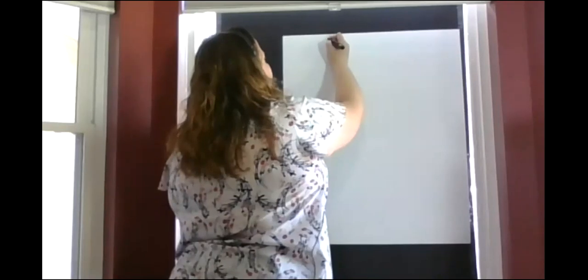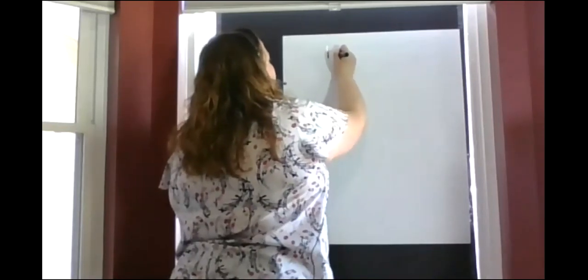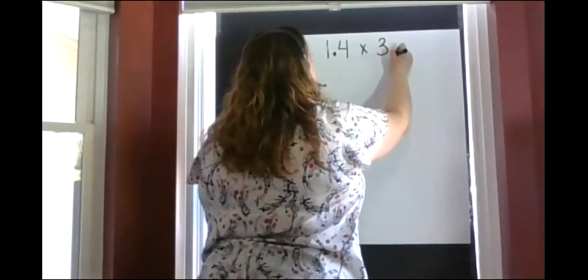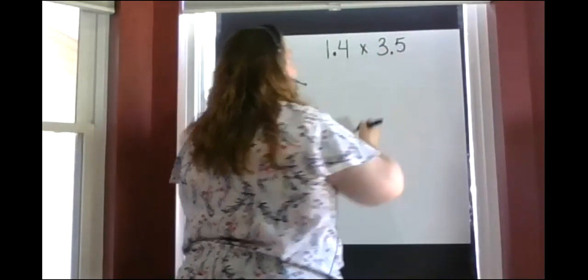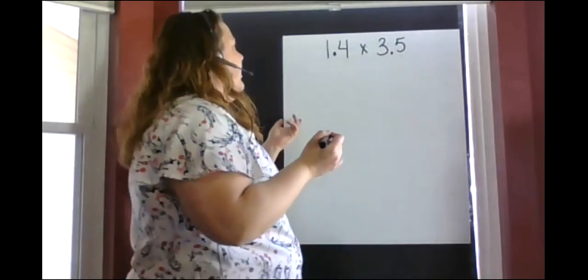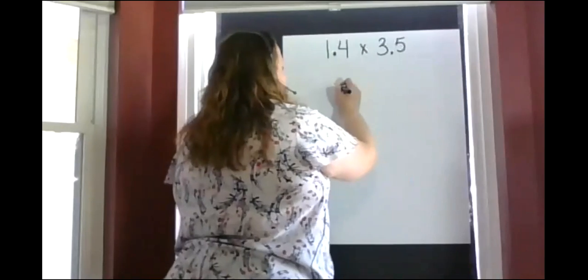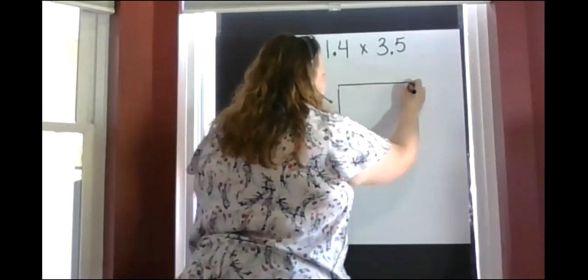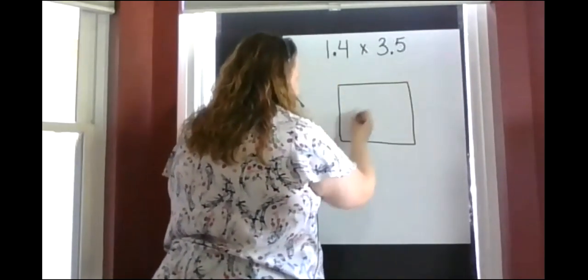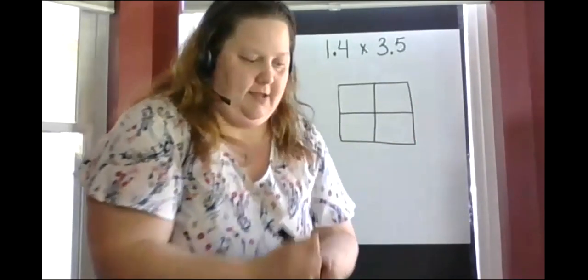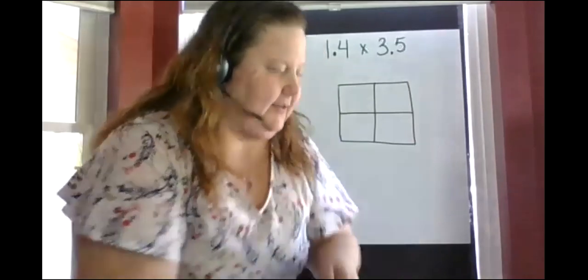Sure, I can put a decimal in here. So we'll do 1 4/10 times 3 5/10. All right, so let me try. We'll get it all nice and colorful here.